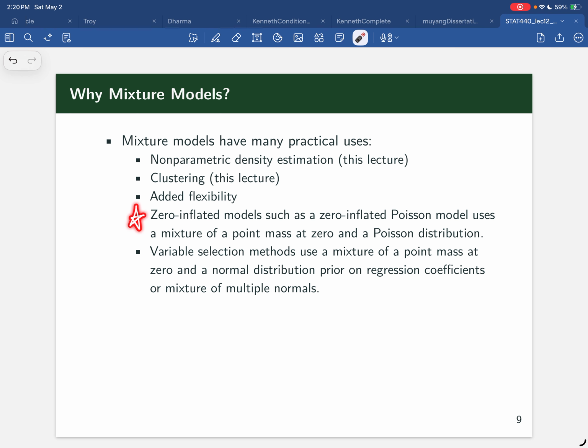Another example is zero inflated Poisson. One of the properties of the Poisson distribution is that it forces the mean and the variance to be the same. If our data arises from a Poisson with parameter lambda equals 5, the mean of that distribution is 5, and the variance of that distribution is 5.